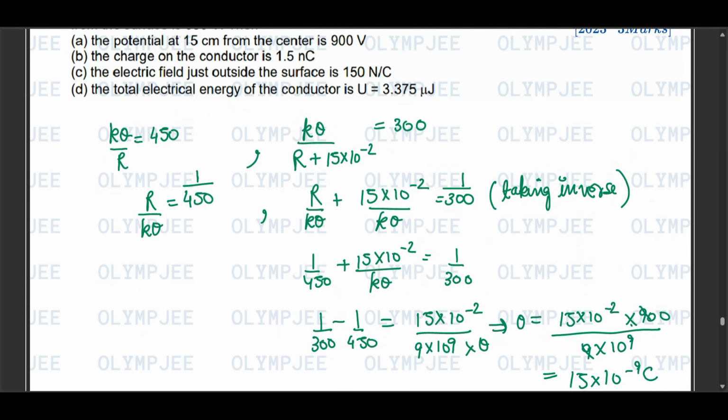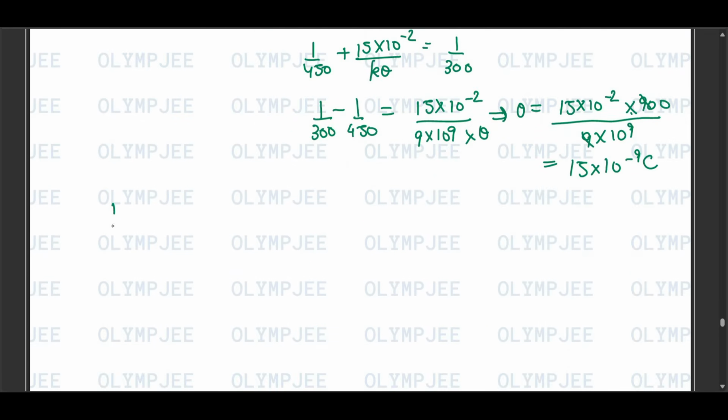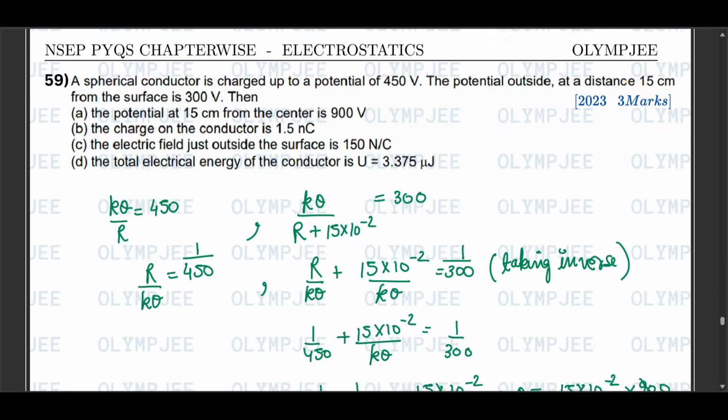So now let us find out the radius of the sphere. kq by r was given as 450 and now we know q, so we will get r as 30 centimeter. So now let us check out the options.